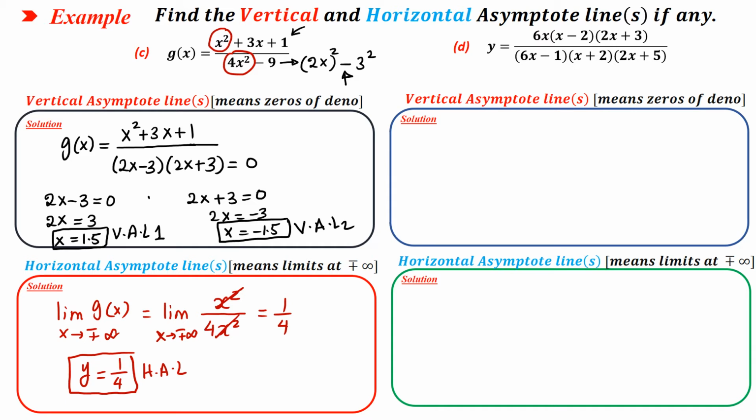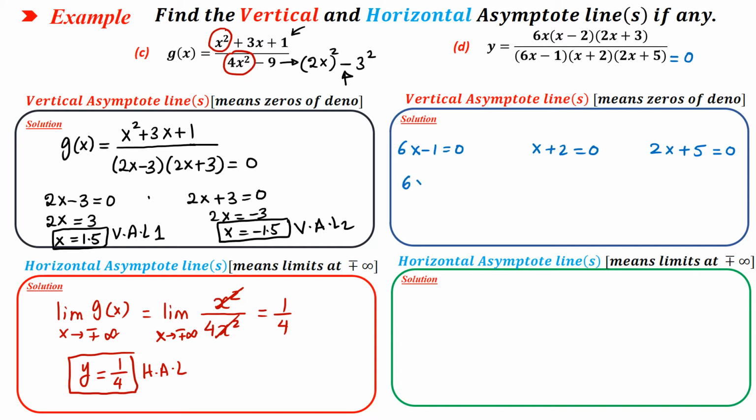So directly you have to put the denominator equal to 0 to find the vertical asymptote lines. So put the denominator equal to 0. So we have three equations, 6x minus 1 equal to 0, or x plus 2 equal to 0, or 2x plus 5 equal to 0. Solve these three equations, you will get three vertical asymptote lines.